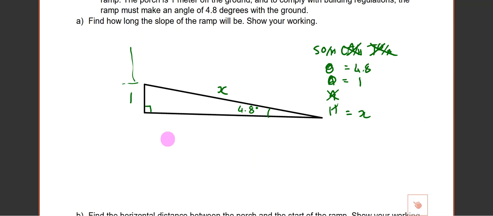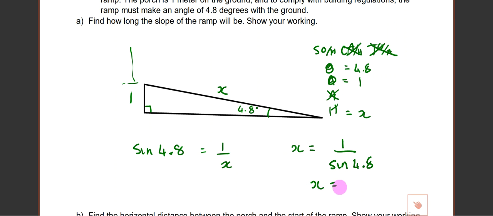I'm going to use the sine of 4.8 is equal to opposite over hypotenuse, so 1 over x. So x is equal to 1 over the sine of 4.8, which means x is equal to 11.95.